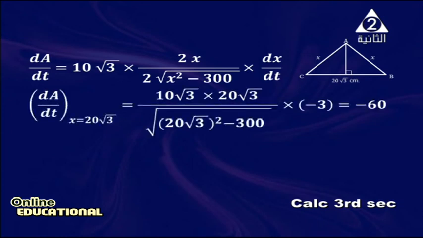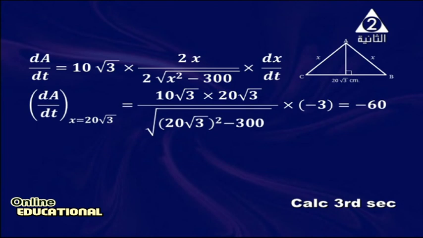Then dA/dt at x equals 20√3, where x is the length of any leg, then this side, the length of the base of the triangle, equals 20√3 centimeter. Then dA/dt at x equals 20√3 equals 10√3 multiplied by 20√3 over the square root of (20√3)² minus 300, times -3.